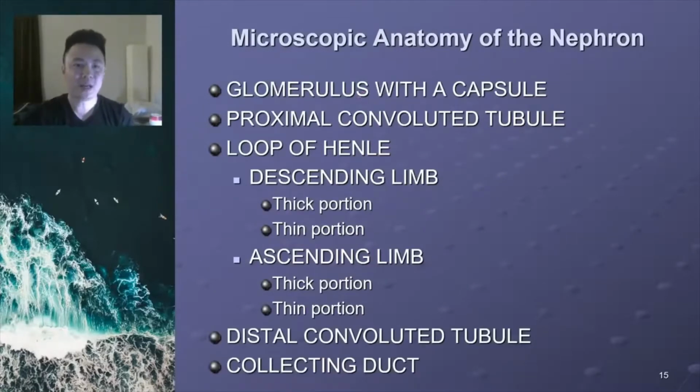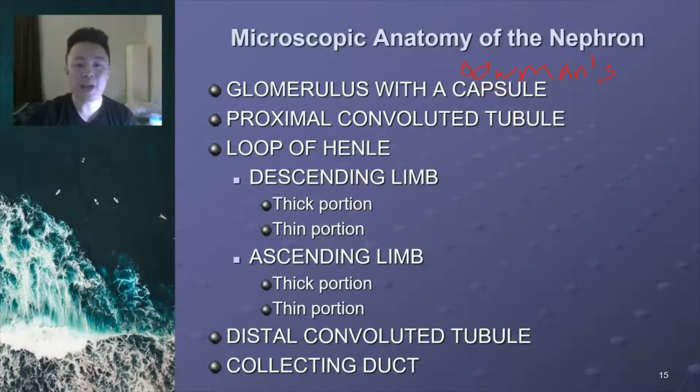Now, the anatomy of the nephron includes the glomerulus, which contains the Bowman's capsule. You also have the proximal convoluted tubule.